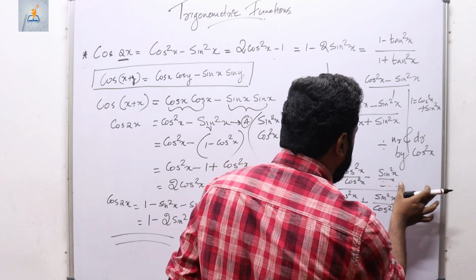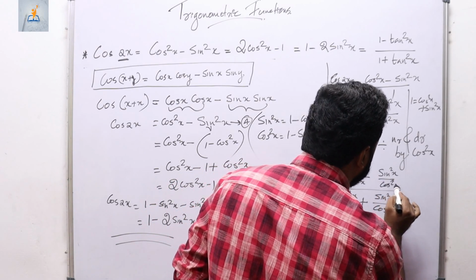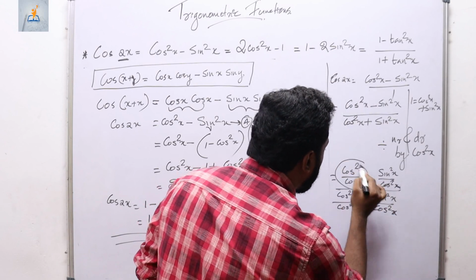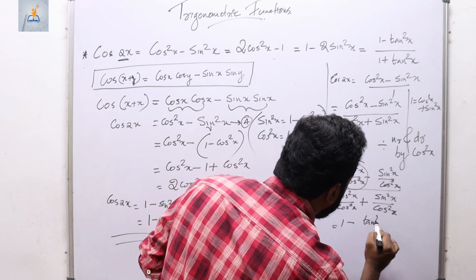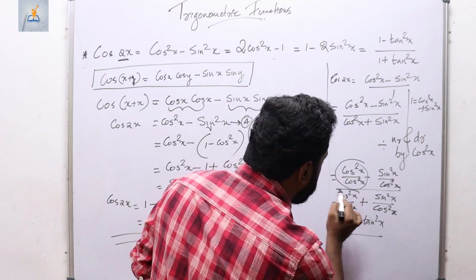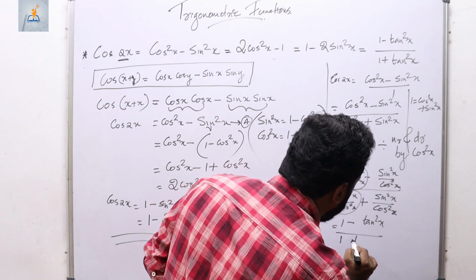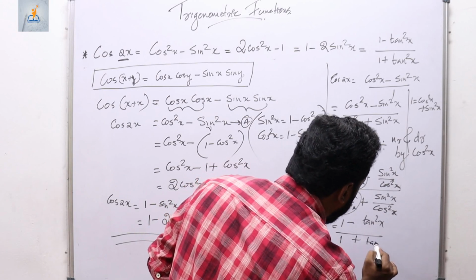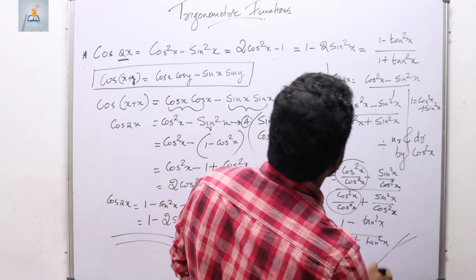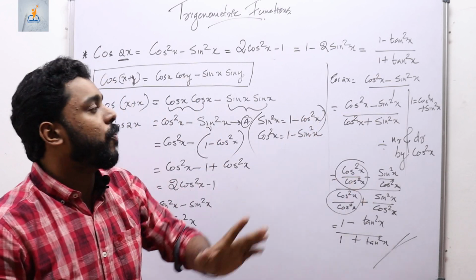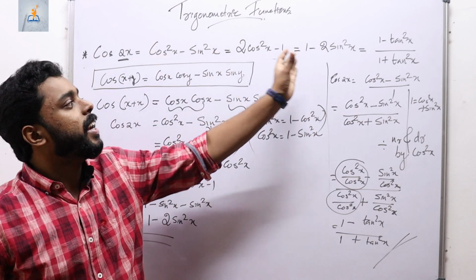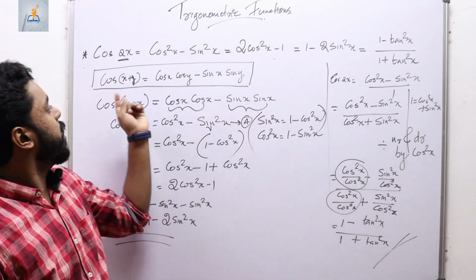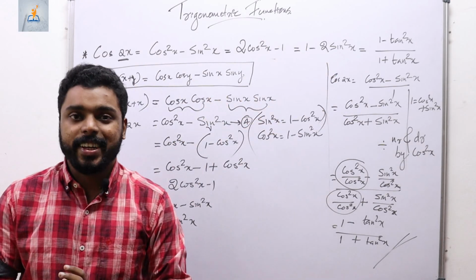Here I have made a mistake. It is cos square x. Again, this is equal to 1. So 1 minus this is equal to tan square x. This is again equal to 1, so 1 plus this is equal to tan square x. So 1 minus tan square x divided by 1 plus tan square x. So we derived this entire system of equations from this single identity.